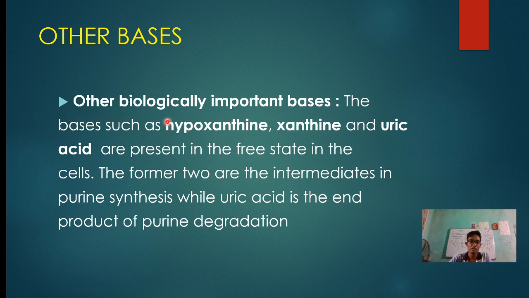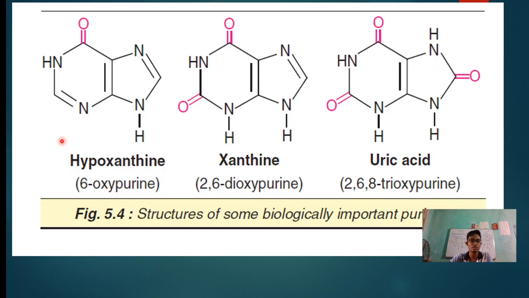Next, there are also other biologically important bases: hypoxanthine, xanthine, and uric acid. Let's see their structure. Here we can see the hypoxanthine and xanthine. If you look at their structure, it is a purine structure. Here is the general structure of purine bases. Hypoxanthine and xanthine are intermediates while producing purine bases.